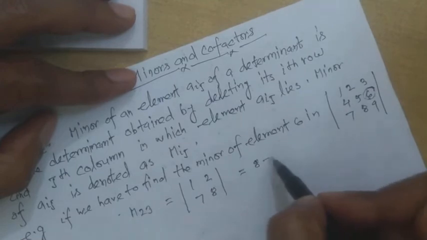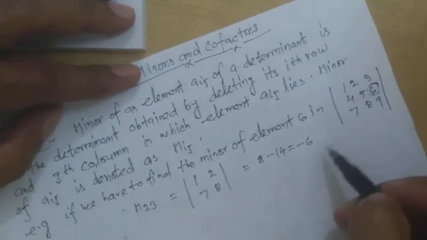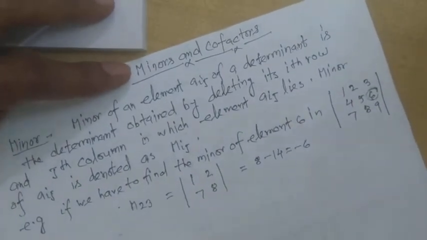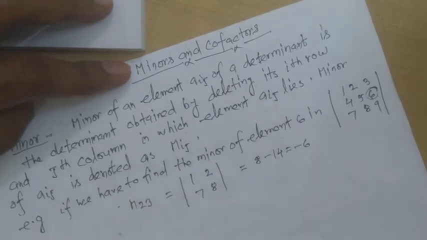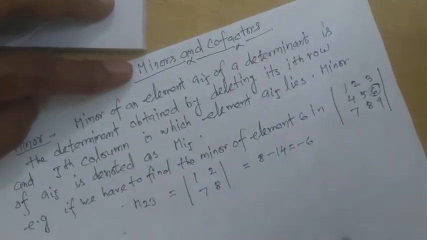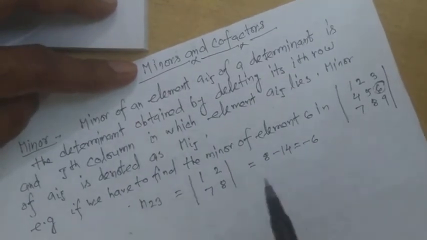Then it is 8 minus 14, which is equal to minus 6. This is the fundamental method of finding the minors of any determinant. Actually, it is the method to find the minor of an element.